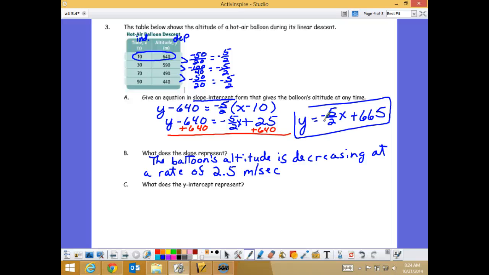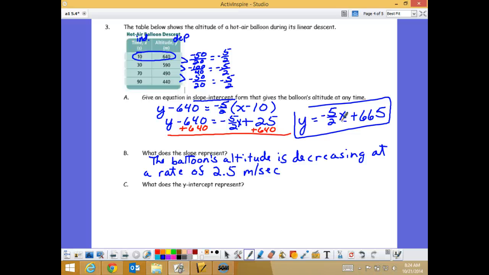Now, the y-intercept, which is 665, is where the balloon is at time equals 0. So when it starts its descent, that is where the balloon is.